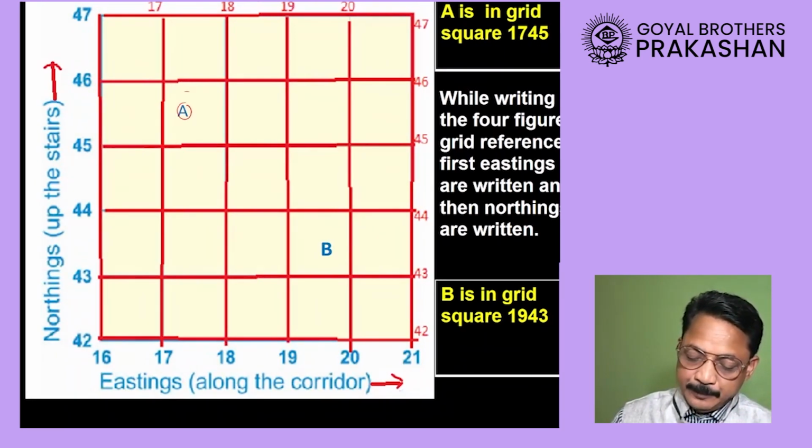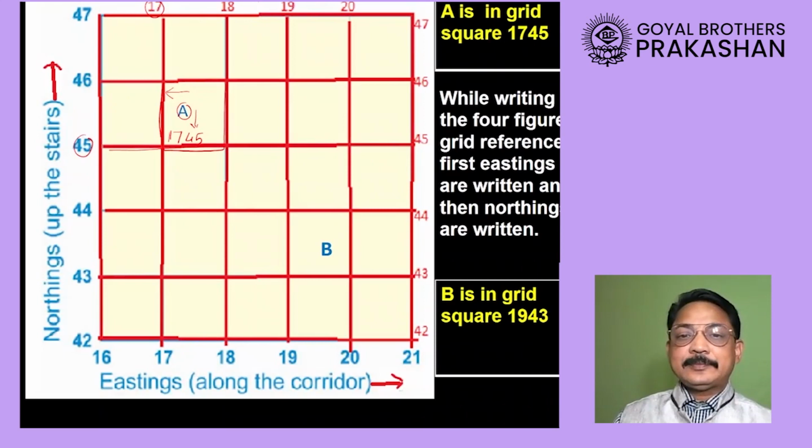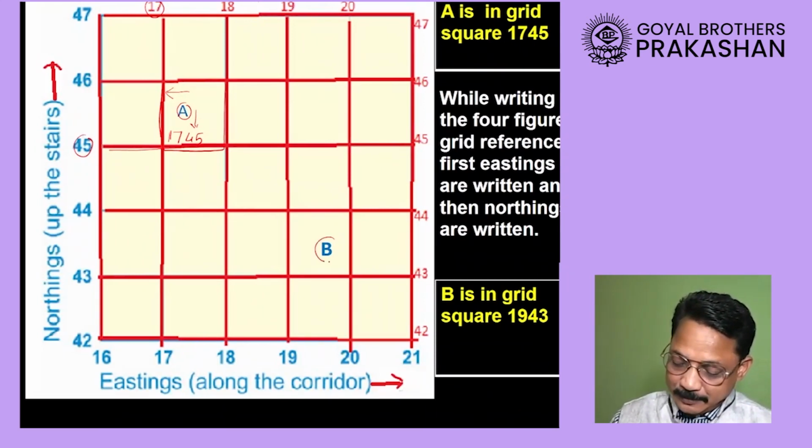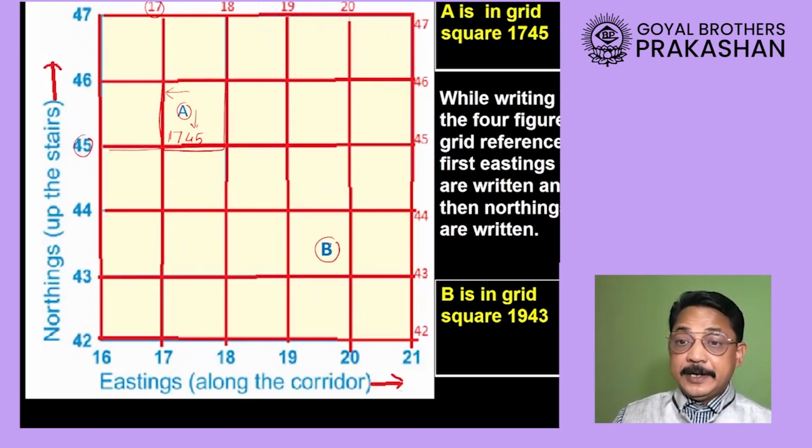The number to its immediate left is 17, and the number immediately below this A is 45. So A is present in this grid square whose number is 1745.